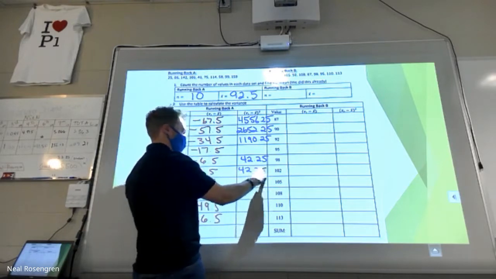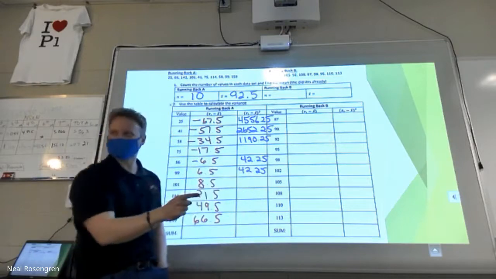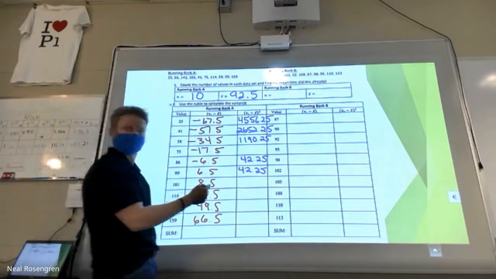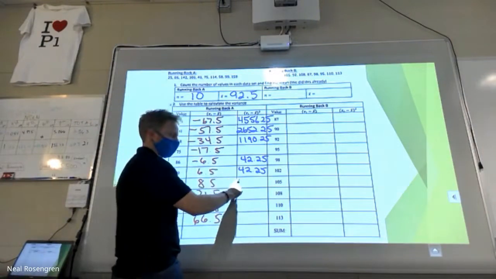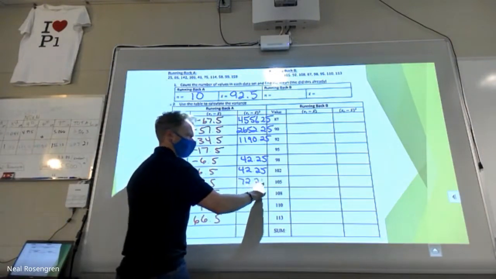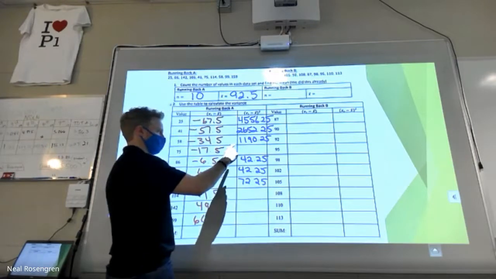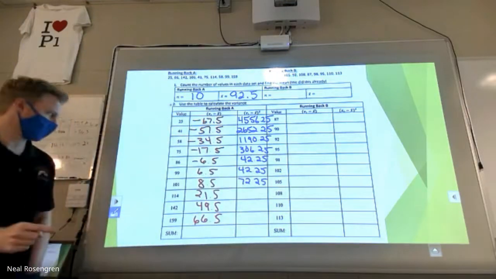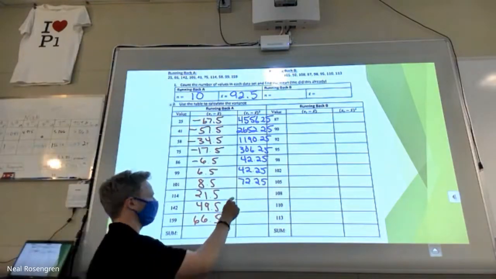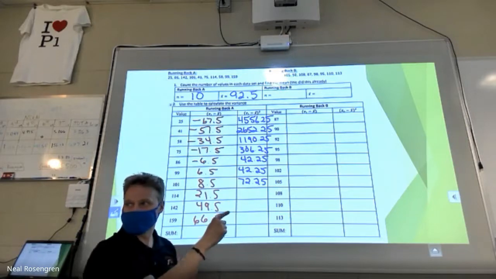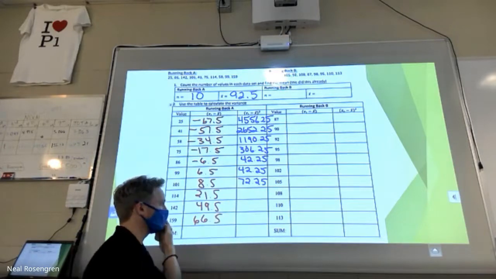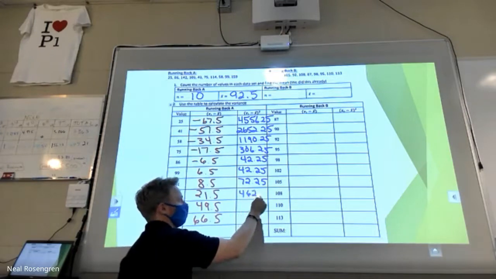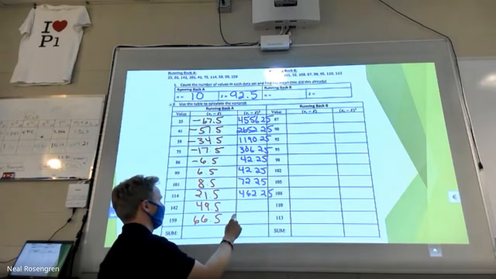Chandler? 8.5 squared. 8.5 times 8.5. Chandler, go first. Okay. Xander, go ahead. 306.25. There's so many numbers. Tyson, 21.5 squared. 21.5 times 21.5. 462.25. Nikki, this varies of 49.5? No, you gotta square it.